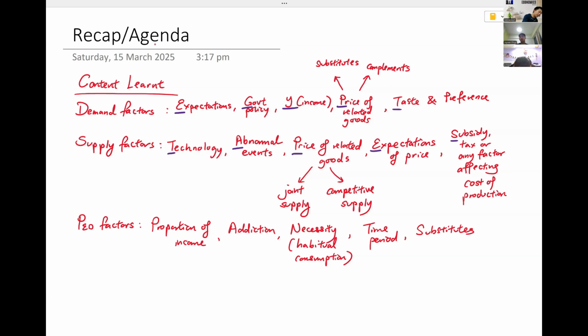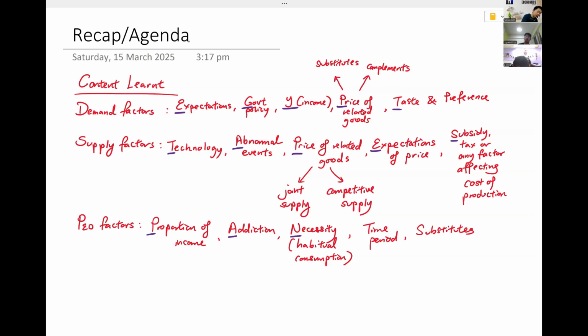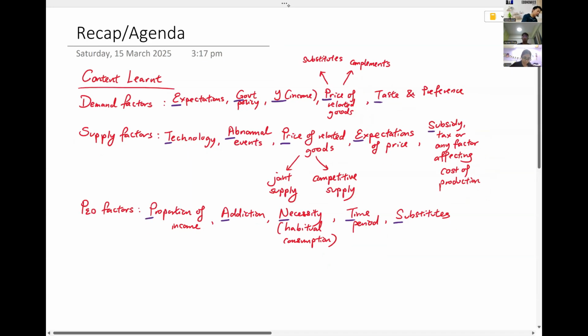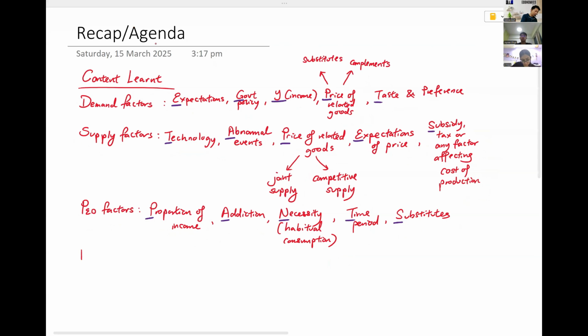So PED factors, we have P, A, N, T, S. Later, I'll just give you an overall, maybe you will just take 1-2 minutes, go through the whole list, tell me which one you're not sure.